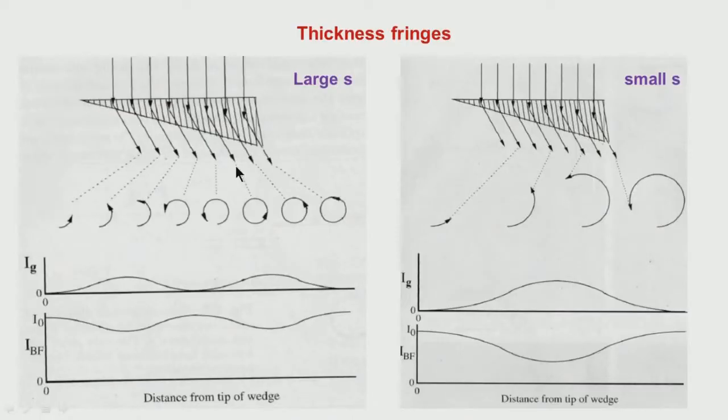Suppose we have a wedge shaped sample, the same parallel beam is falling onto it. If we try to look at the intensity of the diffracted beam for this particular thickness, using the phasor diagram it has been shown, but essentially what we will see is that the intensity becomes 0, reaches a maximum value, then becomes 0 again, it fluctuates like this.